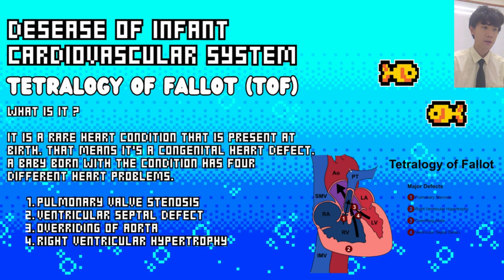And you also get a ventricular septal defect, which means there's a hole between the right and left ventricles, so the blood will mix in the heart. And the overriding of the aorta, which means the aorta, as you can see, is above the VSD. It's above the VSD because blood from both the right and left ventricles goes into the aorta.